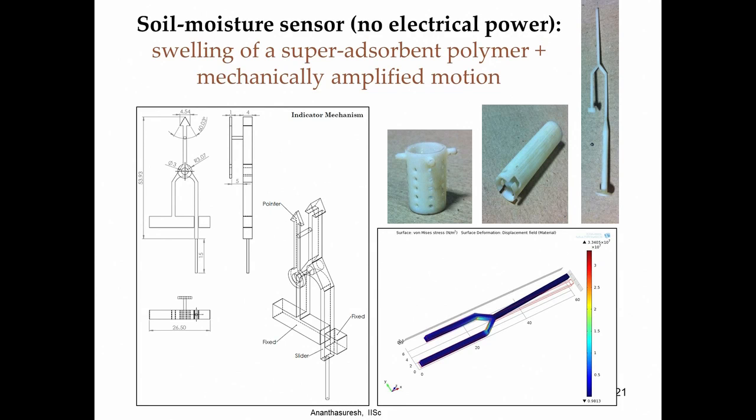It works by using a material, a super absorbent polymer, which swells and expands by about 300%. Now, if you put a compliant mechanism over that and do not let it expand as much as it wants to, it will apply force and move this mechanism as I just showed.